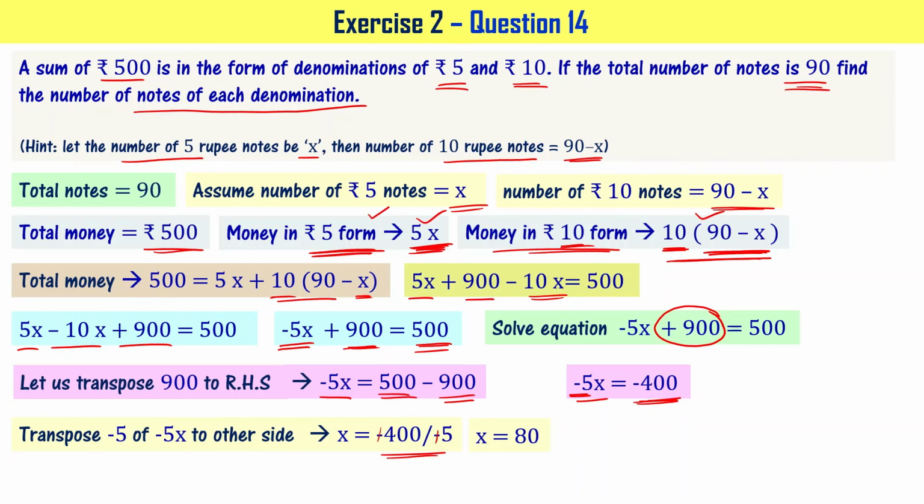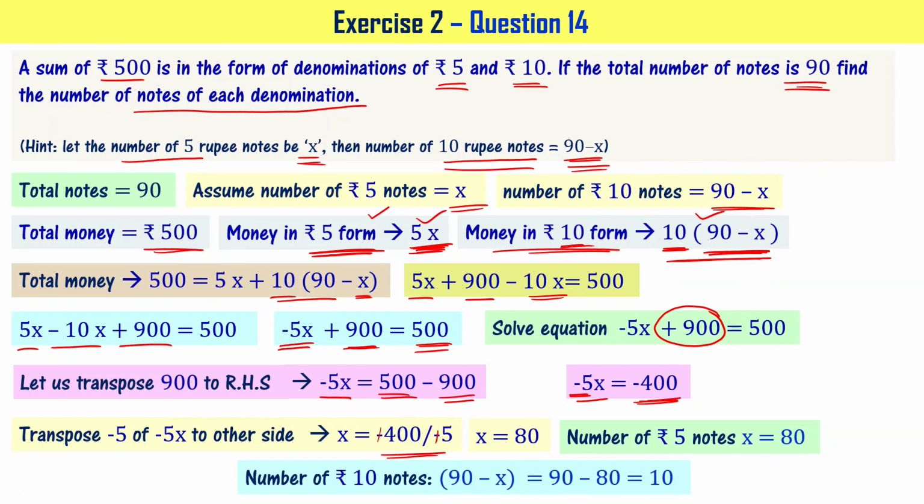Now you got the value of the number of notes of 5 rupees is 80 notes. The number of 10 rupees notes is going to be 90 minus x, right? It means 90 minus 80, that is equal to 10. So you got the answer, right? Number of 5 rupees notes is 80 and number of 10 rupees notes is 10. Got it?